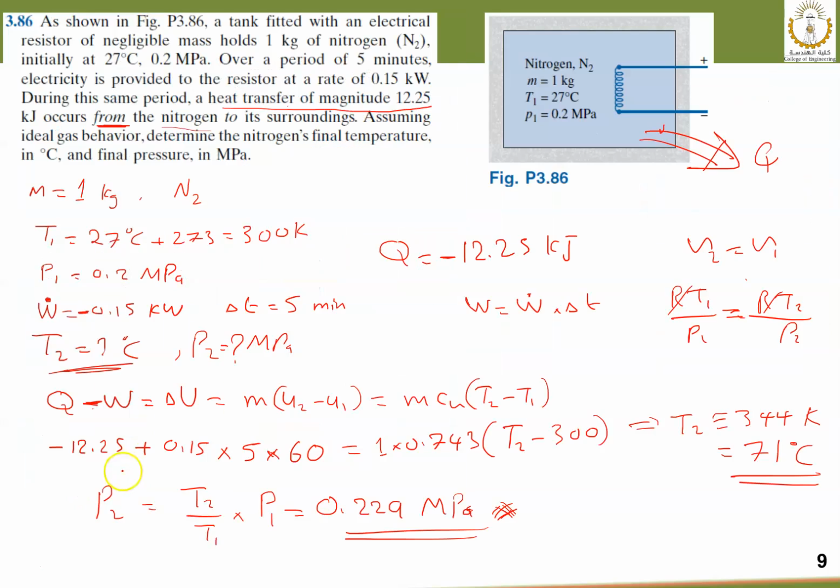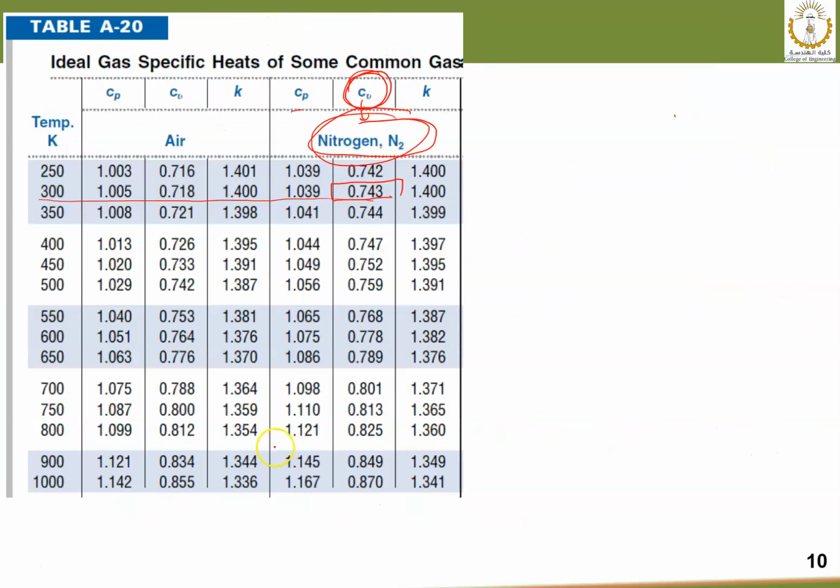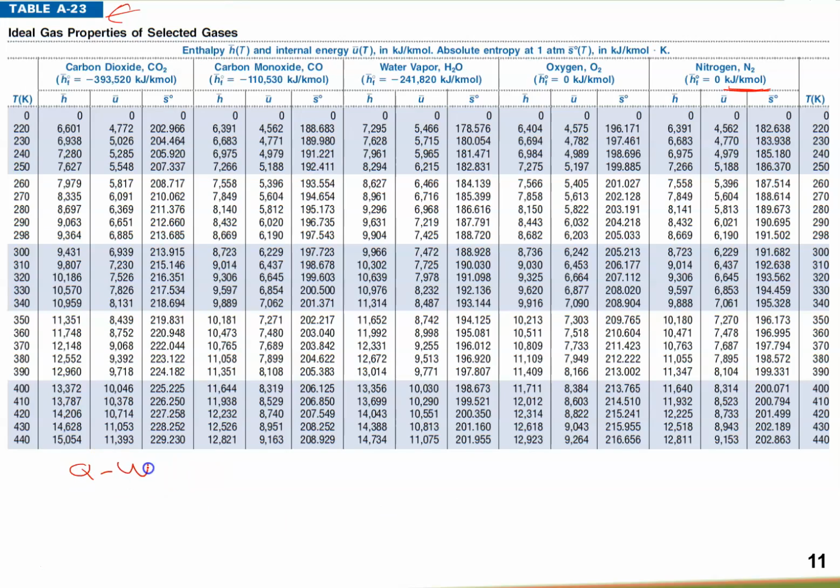So we have this relation: Q minus W equals m (U2 minus U1). So again, this is minus 12.25, and minus, then minus 0.15 times 5 times 60 equals 1 times (U2 minus U1), and U1 is at 300.